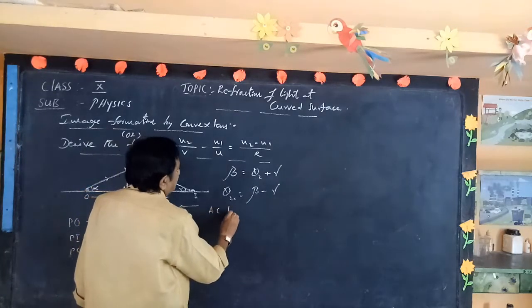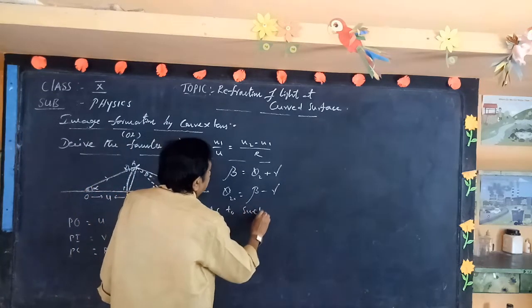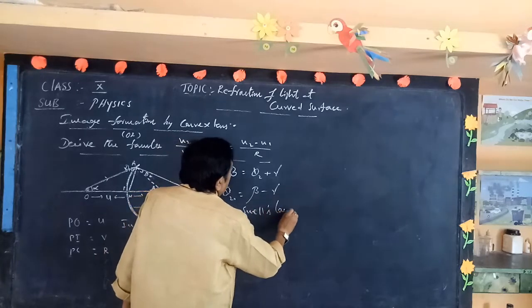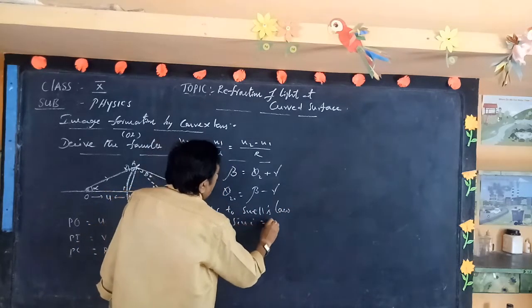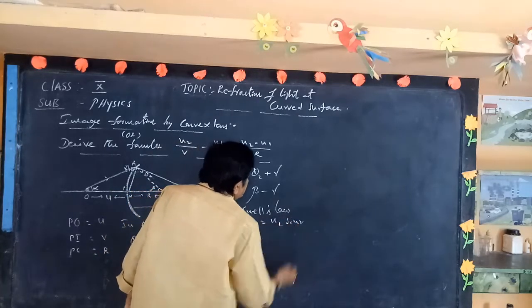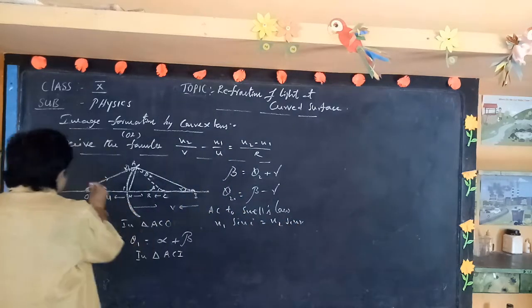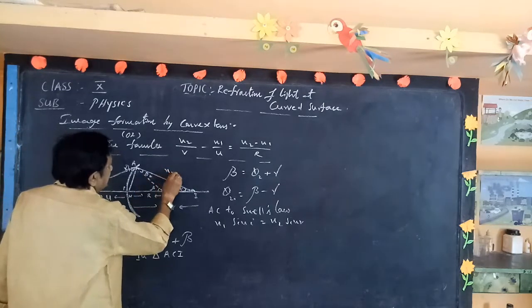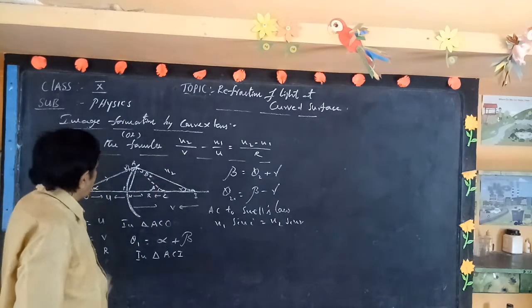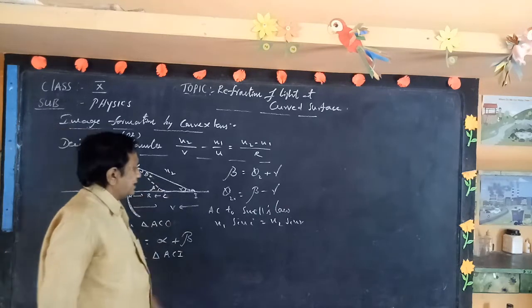Now, according to Snell's law, what is Snell's law? N1 sin i is equal to N2 sin r. Here, one medium has refractive index N1 and the other medium has refractive index N2. Here the angles are theta 1 and theta 2.